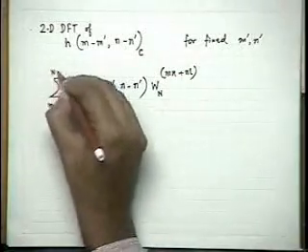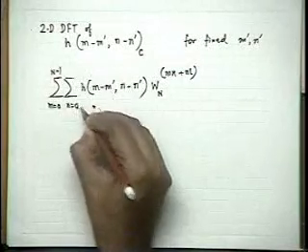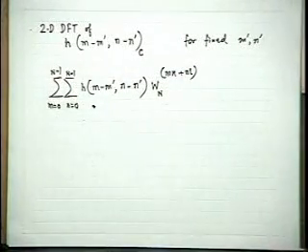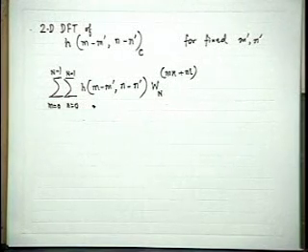This double summation is defined over which space? Simply m equal to 0 to N minus 1 and n equal to 0 to N minus 1. This is the two-dimensional discrete Fourier transform.